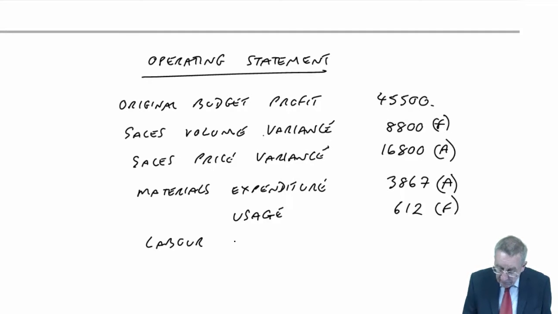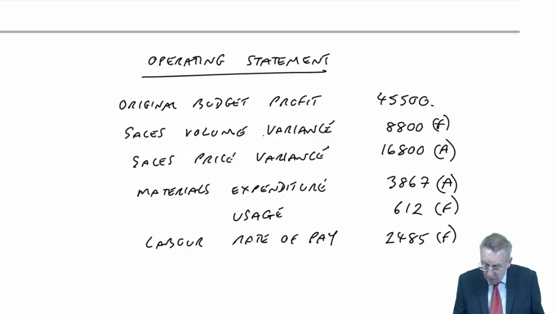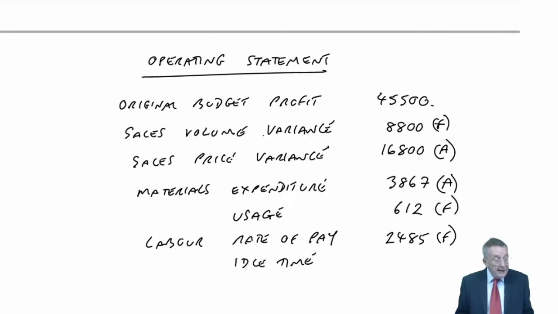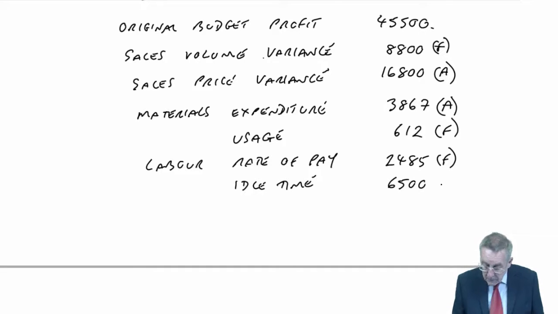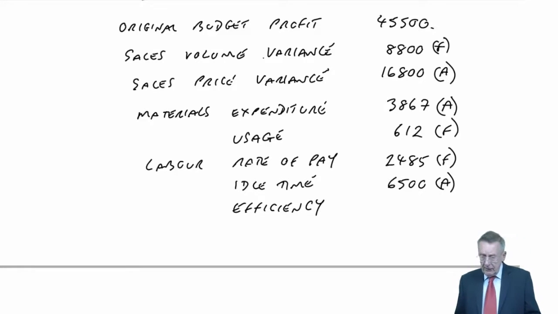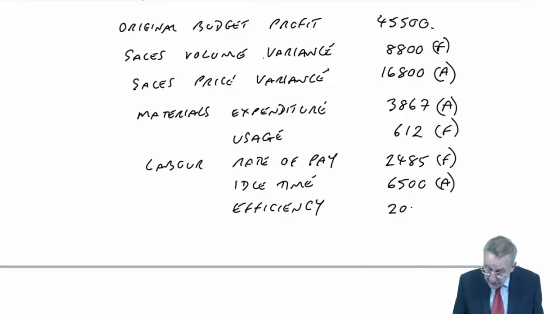Labour, we had a rate of pay variance. The rate of pay variance was 2,485, I think, favourable. There was idle time. That's an easy one, I could do it in my head, in fact. Idle time, 6,500 adverse. And then efficiency variance. 2,000 it was. 2,000 favourable.